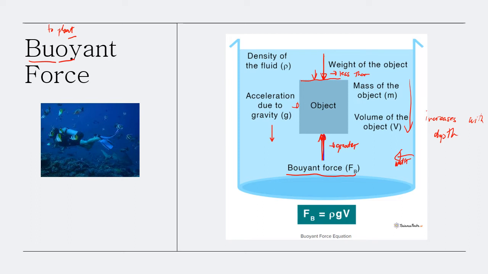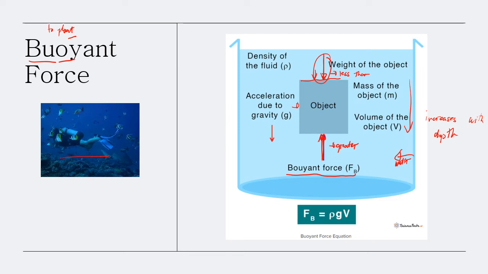So this pressure difference causes an upward force. This is the buoyant force. And this is a contact force that is in the opposite direction to the weight of the object. And you can experience buoyant force yourself by swimming.